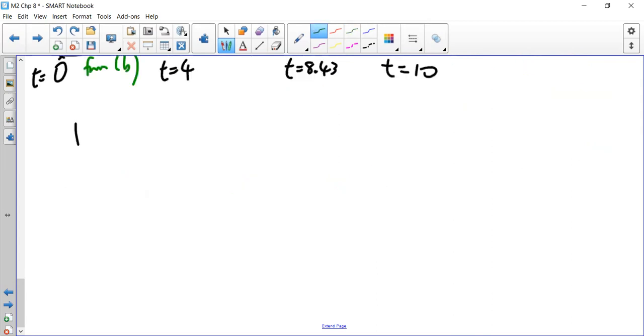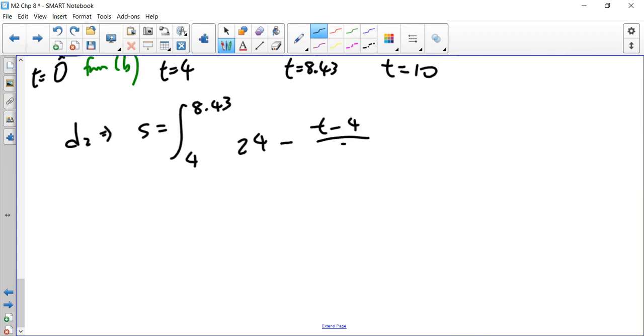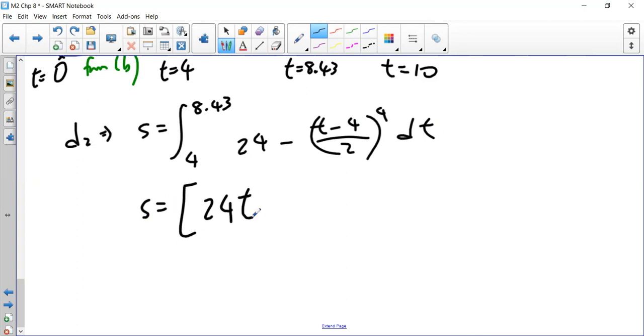To find distance 2, I need to do s equals the integral from 4 to 8.43 of 24 minus ((t minus 4) over 2) to the power 4 dt. To integrate this, 24 will give 24t. To integrate the power 4, it becomes power of 5, and then divided by 5.